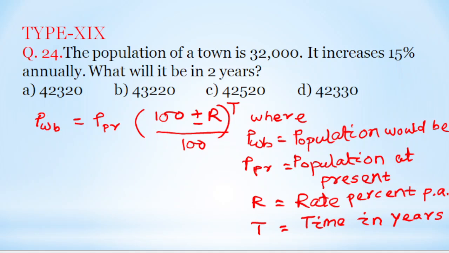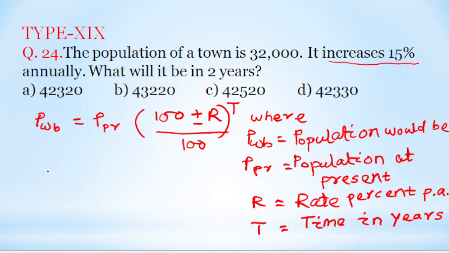Now here, listen, it is written as plus minus. That means if it is increased we will use this plus symbol and if it is decreased we will use this minus symbol. Here it is given that it increases 15% annually. Increases means we will have to use this plus symbol.